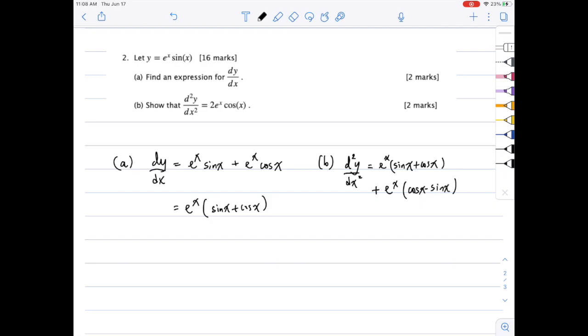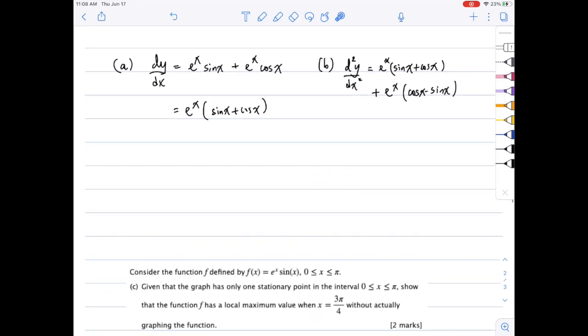Okay. Now here you might notice that once we expand, we get e to the x sine x plus e to the x cosine x plus e to the x cosine x minus e to the x sine x. You might notice that there's a cancellation.